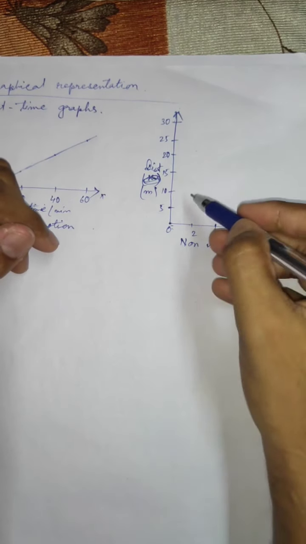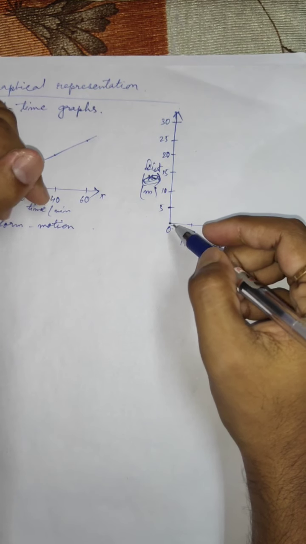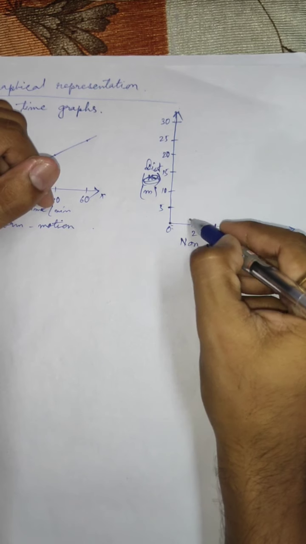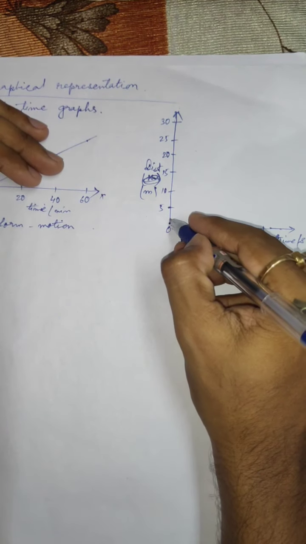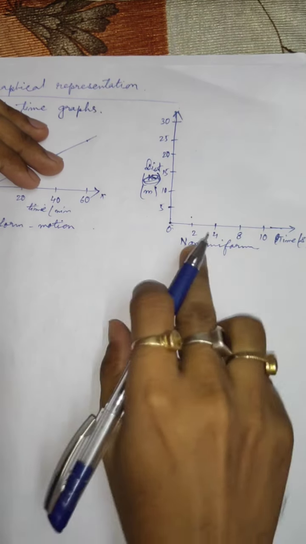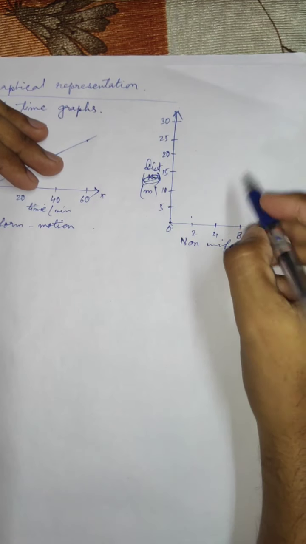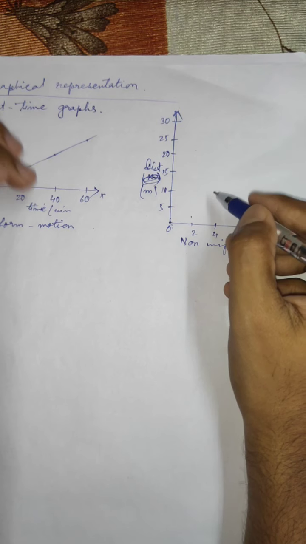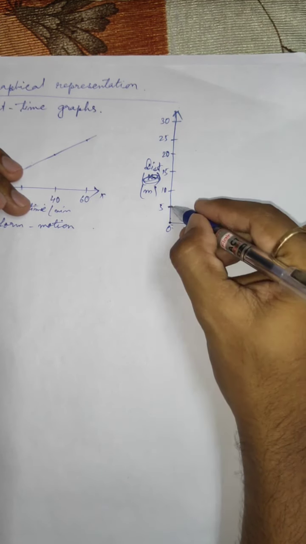First in 0 to 2 seconds, suppose it has traveled one meter. Vertically we are measuring distance, so one will be approximately here. So the first point is this. In the next 2 seconds, suppose it has traveled 6 meter, so it will be roughly there between 5 and 6.